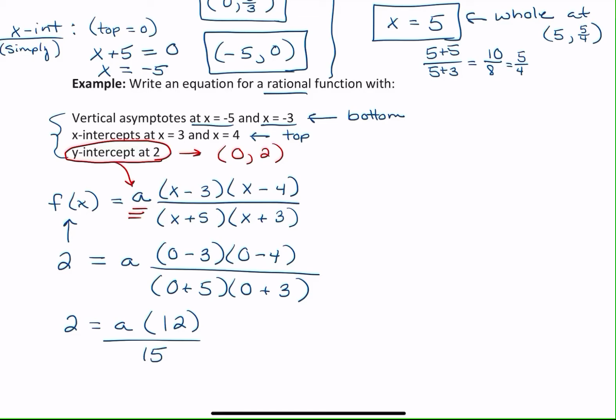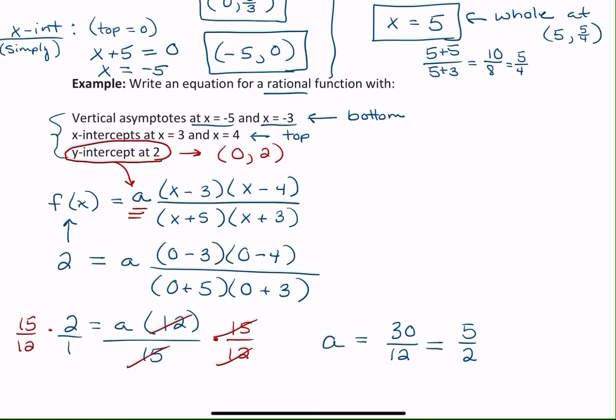So you can solve this a couple different ways. I'm going to multiply by the reciprocal of 12 over 15. So I'm multiplying by 15 over 12. That'll cancel out my 15s and cancel out my 12s on the right to leave me with just a equals 15 times 2, so 30 over 12 times 1. And that will reduce to 5/2, because 6 will go into both of those.